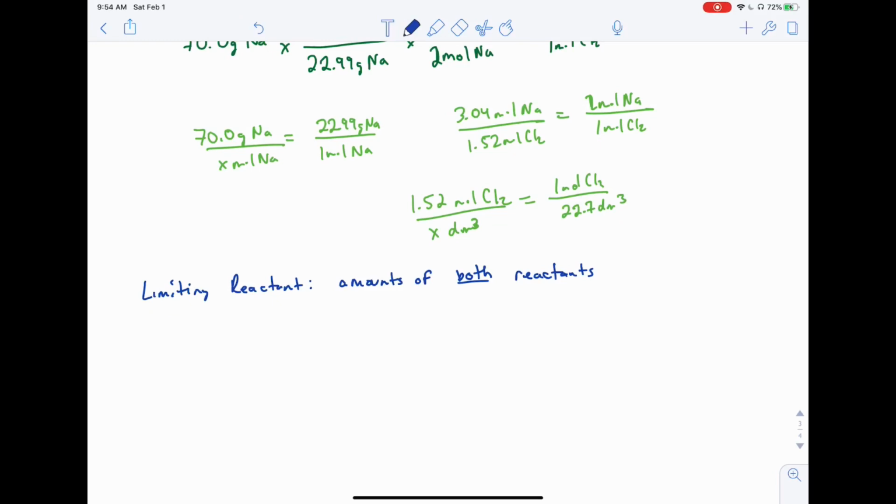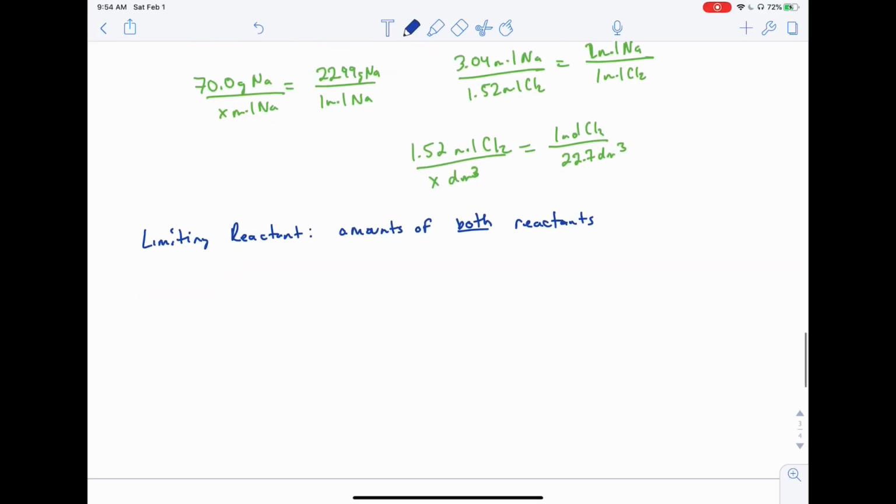And when you have amounts of both reactants, one is bound to run out first, and that will limit the product made.